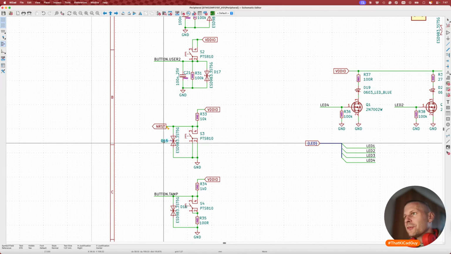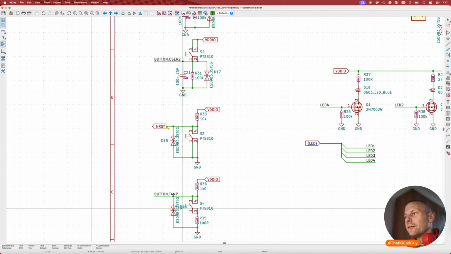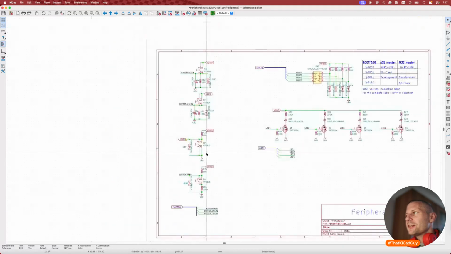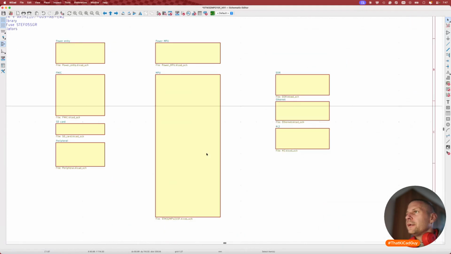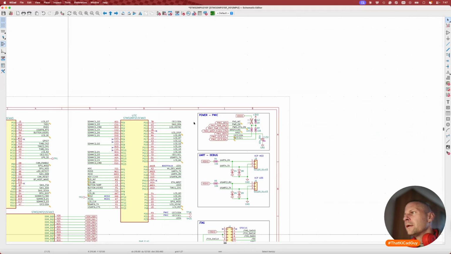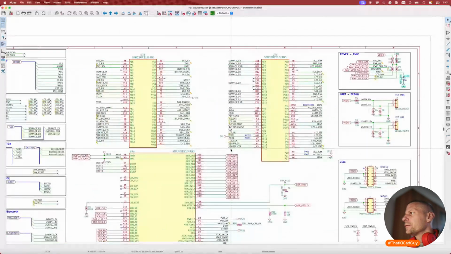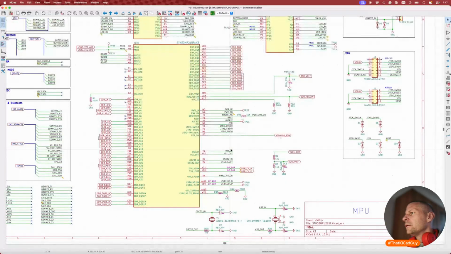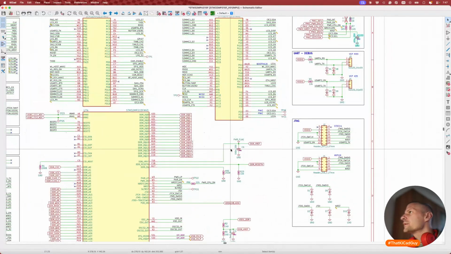Yeah, and speaking of the bouncing, it can be even capacitor, which is I think here. Here is the capacitor, and I don't know. I think it's correct. I think it's correct.